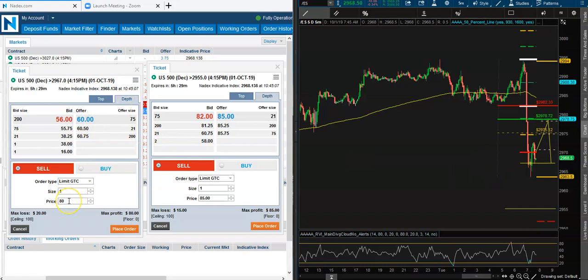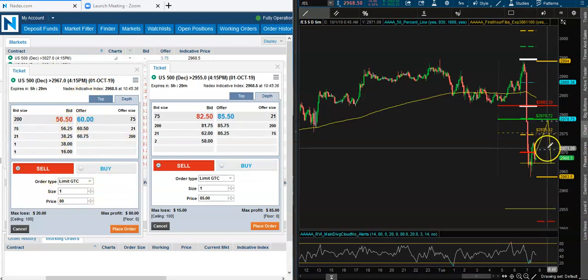Well, the one I shorted at 80, I could buy back for about maybe $55, right? The one I sold at 70, 55, and the third I could buy back at 55. I would make about 30, 40, maybe $60, $55 on the whole trade.